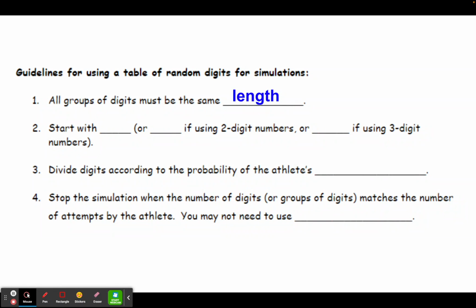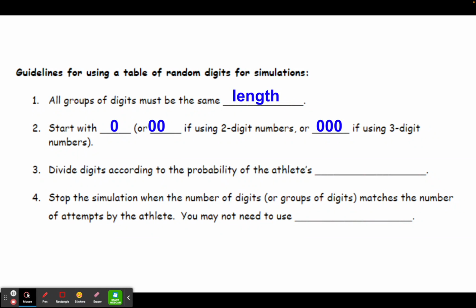If you're working with three digit numbers, everything will be a three digit number. You start counting with 0 for single digit numbers, double 0 for two digit numbers, or triple 0 for three digit numbers. Technically you can use 4 or 5 digits, but we won't go beyond 3 in this course because typically we round to 3 places.